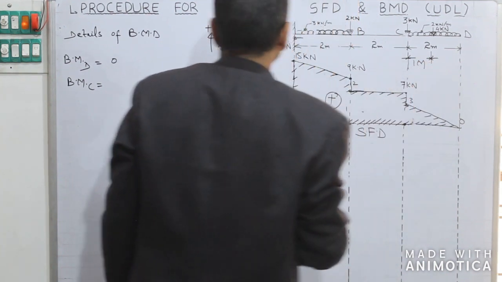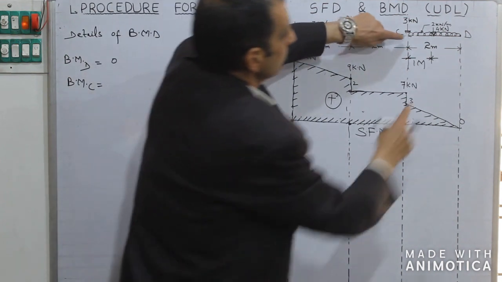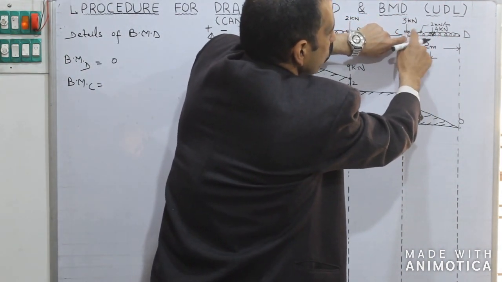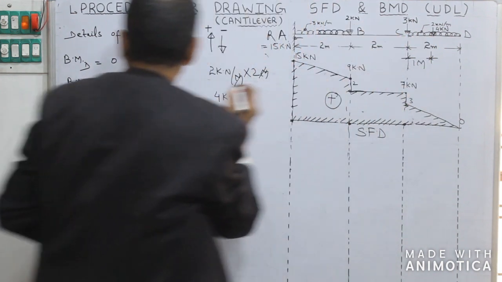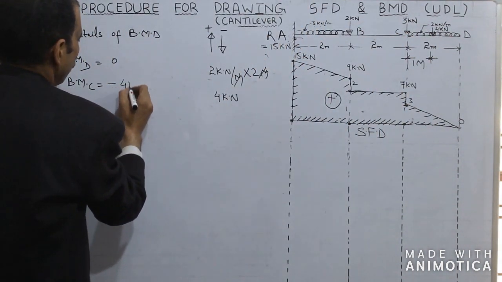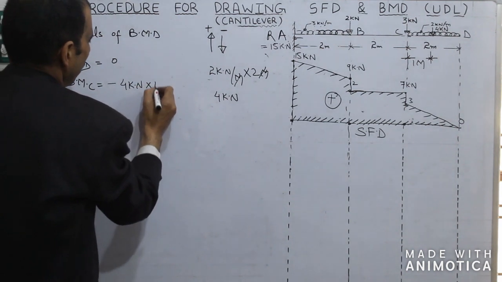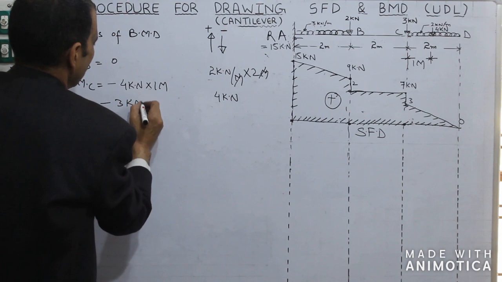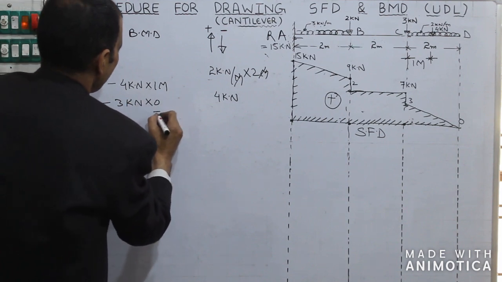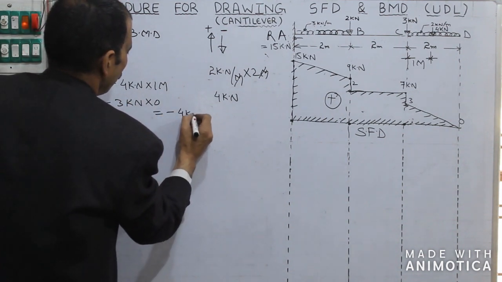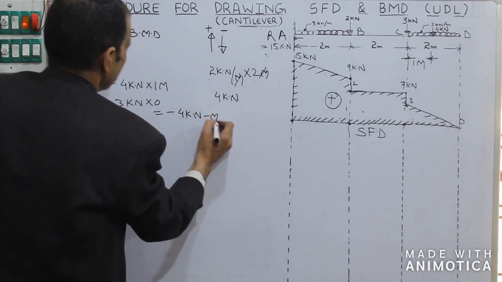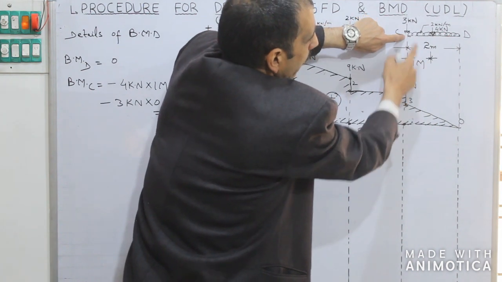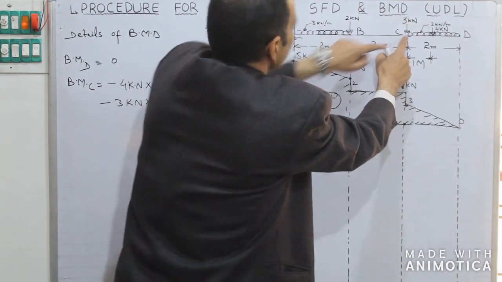Now, bending moment at C is minus 4 kilonewton into 1 meter, minus 3 kilonewton into 0, as there is no distance. It becomes minus 4 kilonewton meter. See, 4 kilonewton at a distance of 1 meter and 3 kilonewton at a distance of 0.